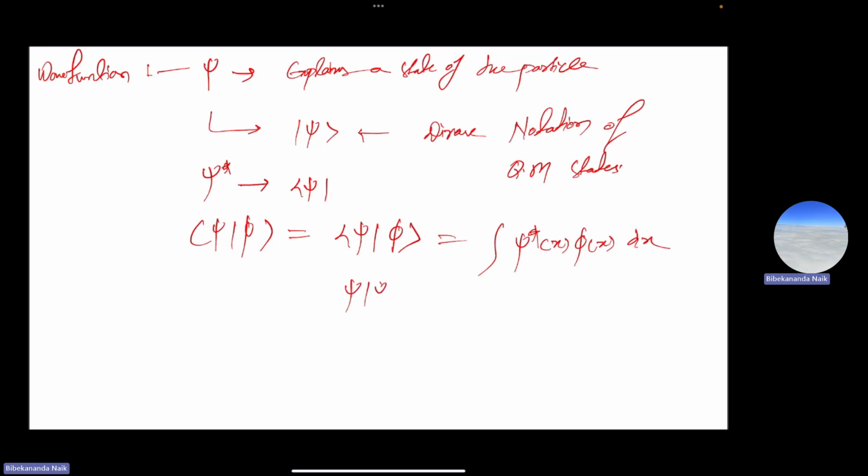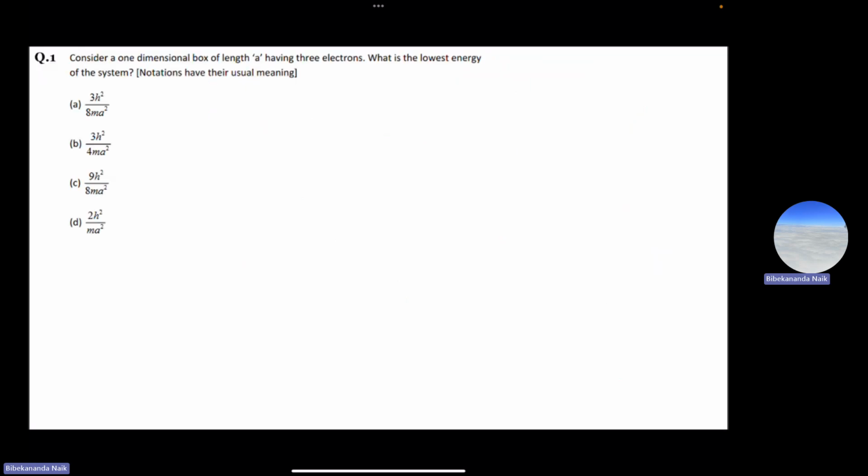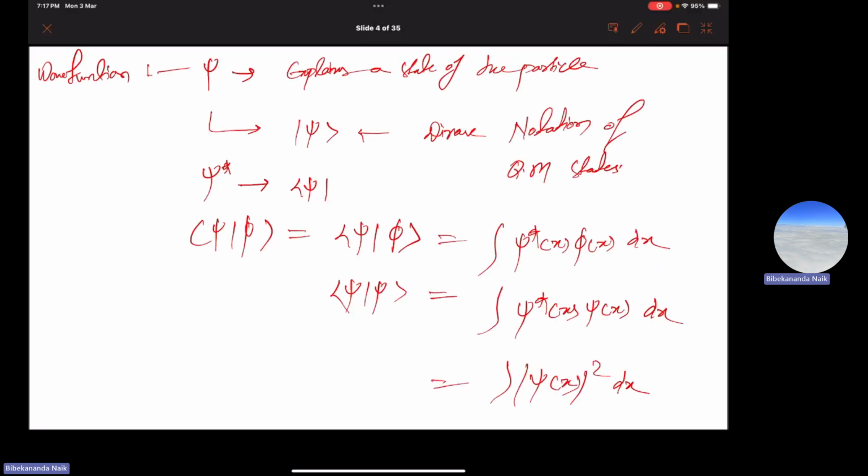Similarly, if we write <psi|psi>, then it will be the integration of psi star x psi x dx, which is again the integration of mod psi x square dx. Now, as I told, the physical quantities are represented in terms of operators.